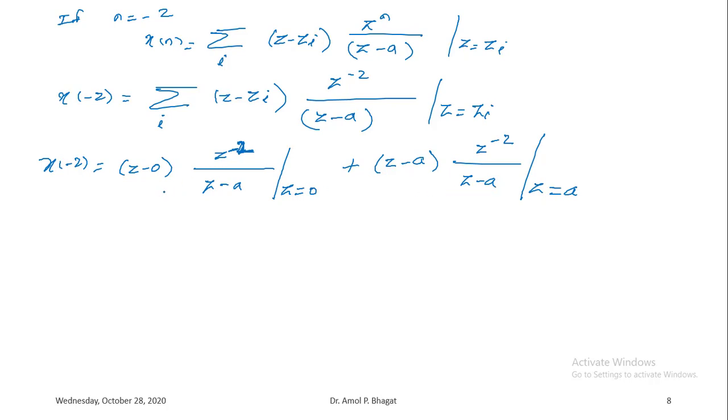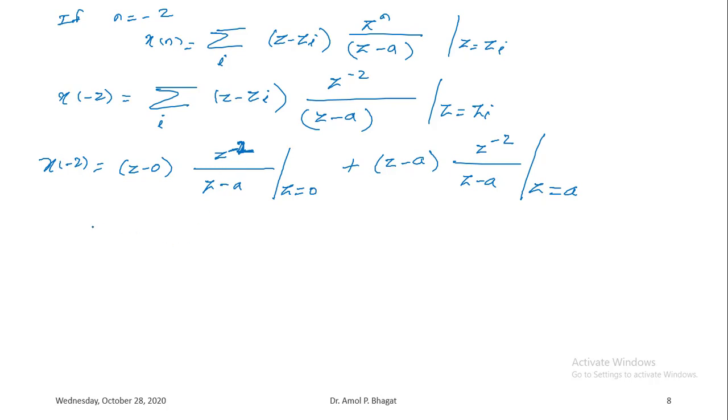Here z multiplied by z to the power minus 2 will be simply z inverse, and if I send that z inverse into the denominator, z square minus az will be there.